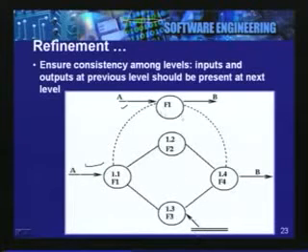So, for example, in this level of the data flow diagram, we did not show the data store, but when we decomposed F1, a new data store might surface because it needs to supply some history data or past data to one of the processes. So, an important point in refinement is that there must be consistency among levels in terms of inputs and outputs: the inputs and outputs at level 1 should be the same as the inputs and outputs at level 2.